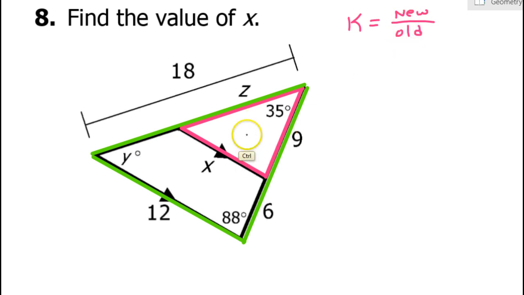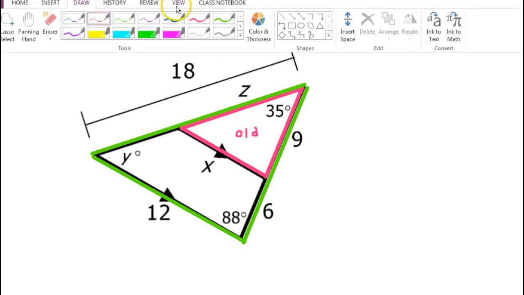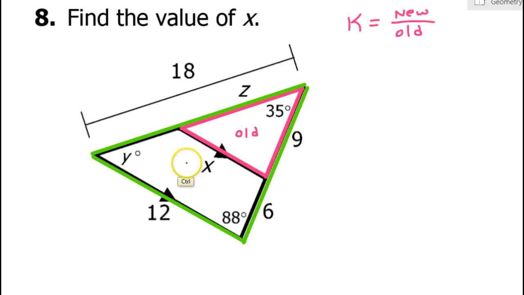You have to decide which triangle you're going to think of as the original triangle and which as the new triangle. I'm going to think of the smaller triangle as the old, original triangle, and the larger triangle as the new triangle. It doesn't really matter which one you pick, but this is the way I'm choosing to do it.